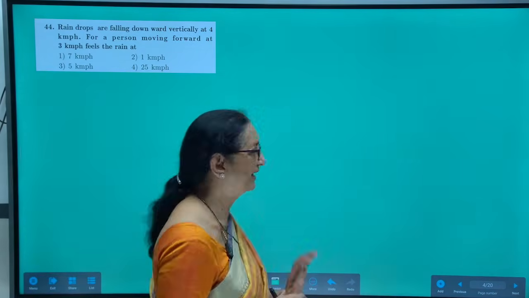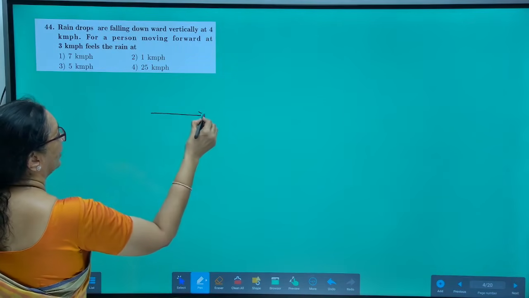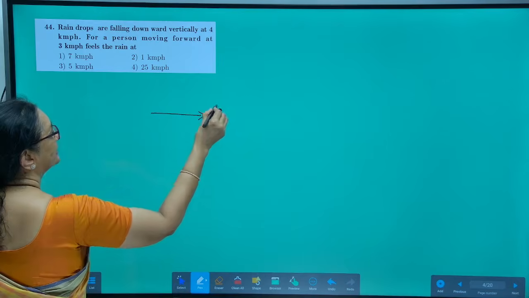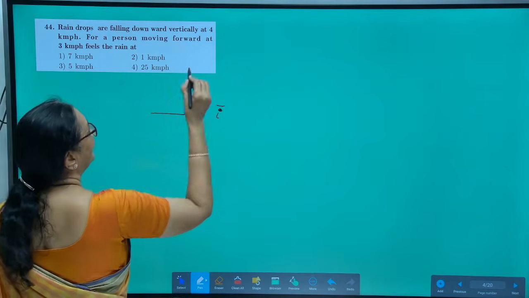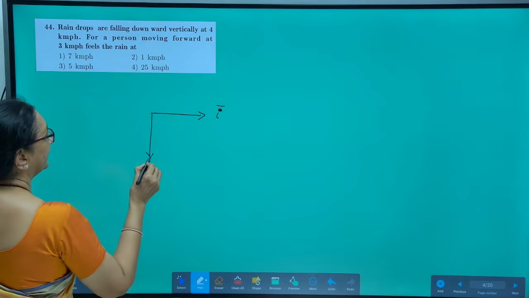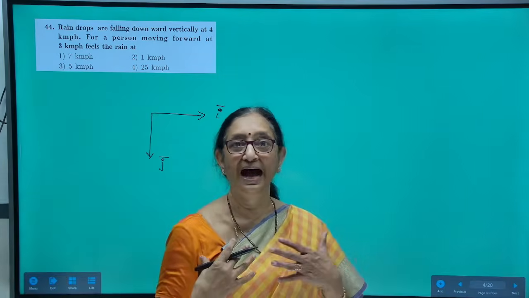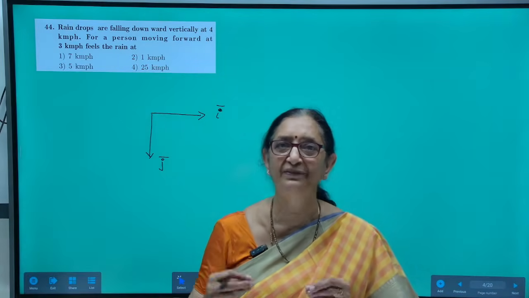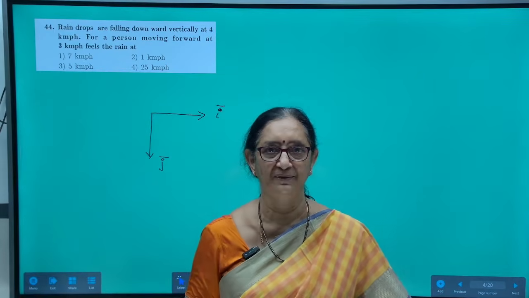Okay? So, here look, any horizontal direction is taken as I bar while solving rain umbrella problems, and the vertically downward direction is taken as J bar. So, I am telling you a different method. We are just following our own convention, right?